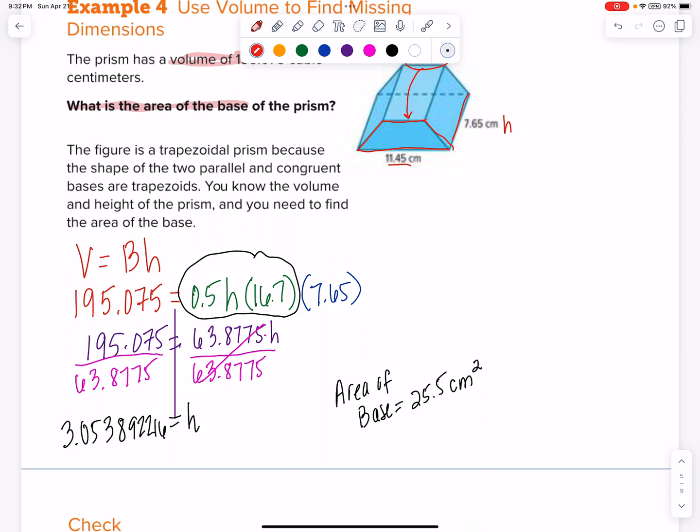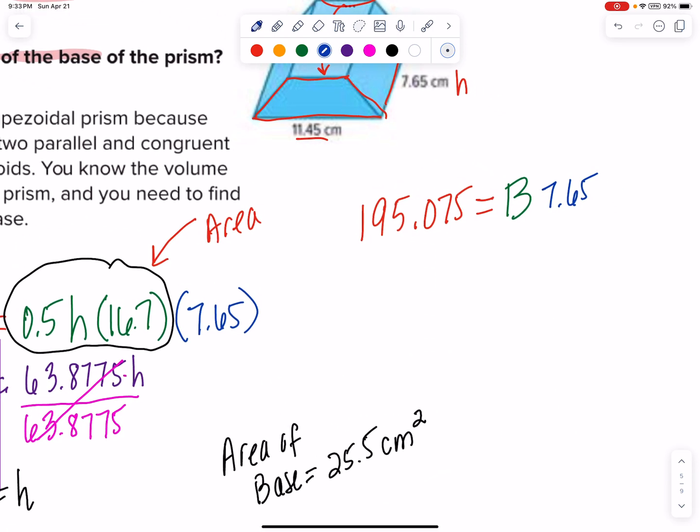As I go through this, I'm thinking, I feel like we could have also just, because we know this whole thing is area, done 195.075 equals, and just call it big B, times h, and just solve for big B. Let's see if we get the same thing in a lot quicker way, because they were just wanting us to find the area.